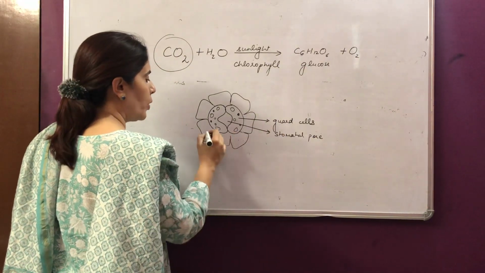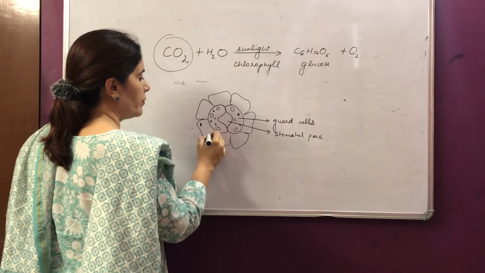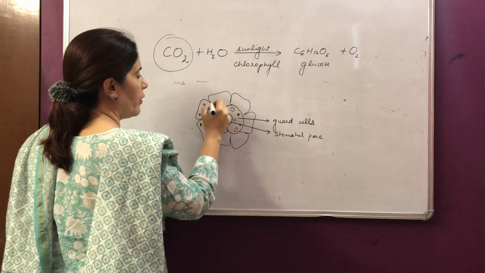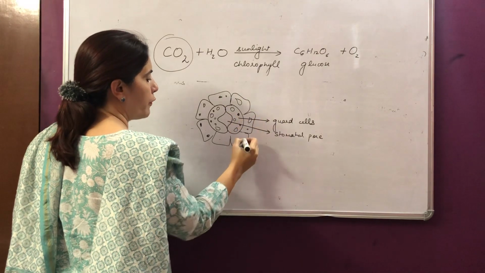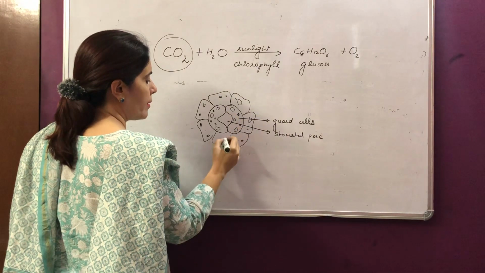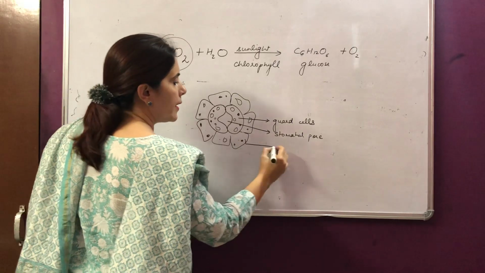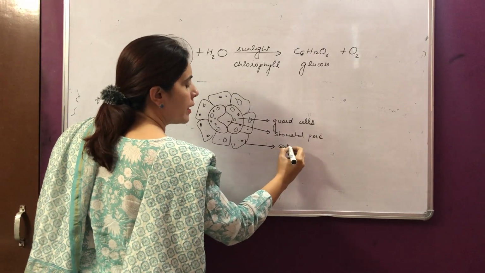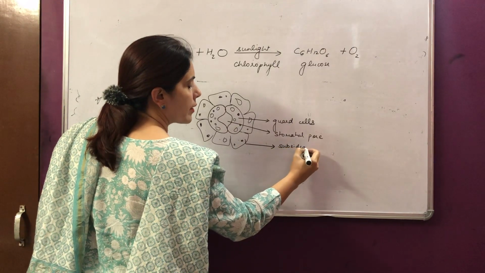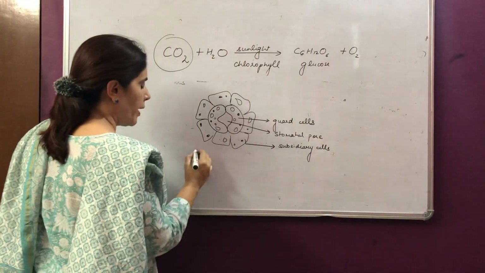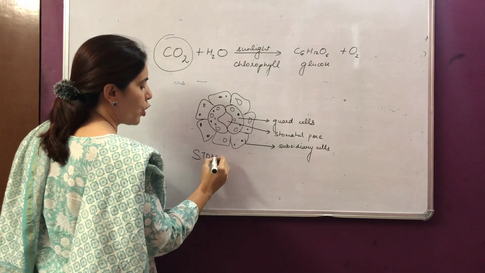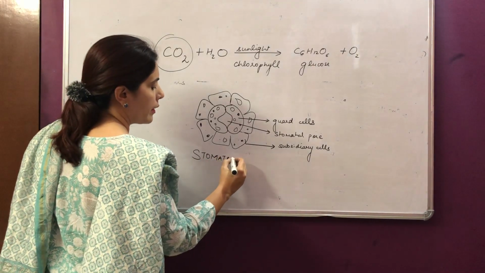The cells surrounding these cells, all of them will be having chloroplast and vacuole because they are what? Plant cells, and the nucleus. These cells are known as what? Subsidiary cells. Right, and the entire apparatus is known as stomatal apparatus.